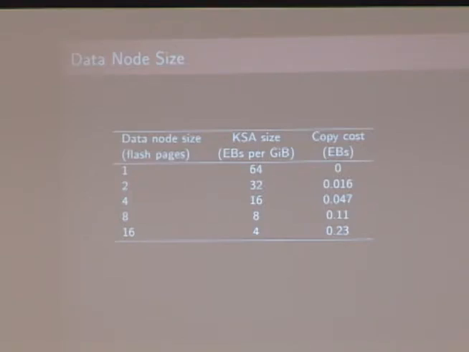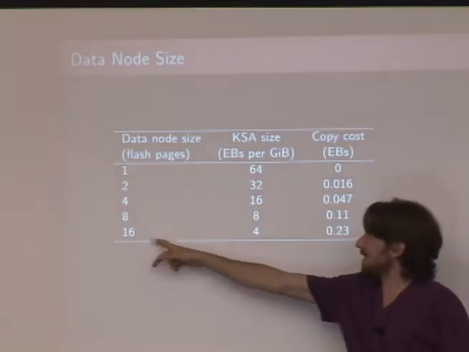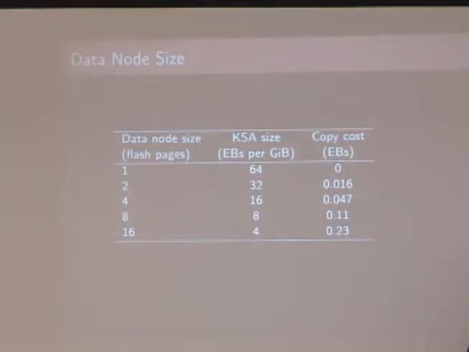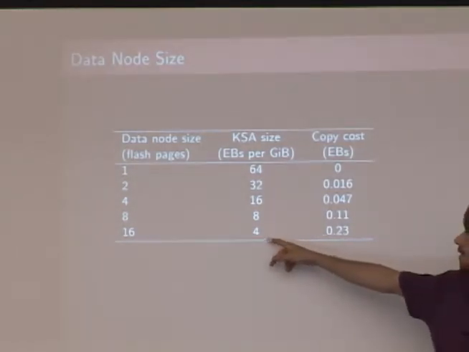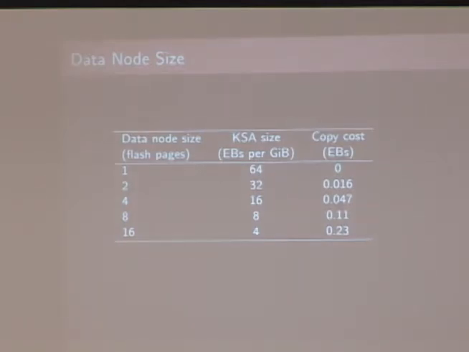But the copy cost is 0. The copy cost I'm measuring in erase blocks, and it's the amount of data that you have to copy verbatim just to make a small change to one part of a data node. So if you say 16 flash pages per data node, then you have a very small KSA, only 4 erase blocks per gigabyte.